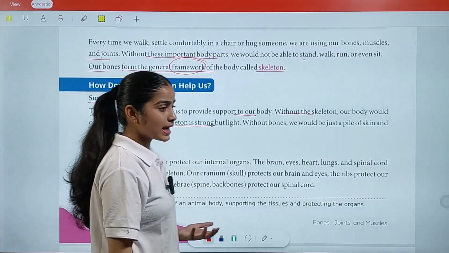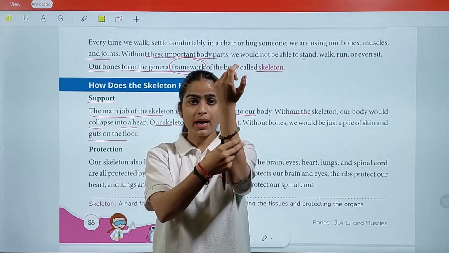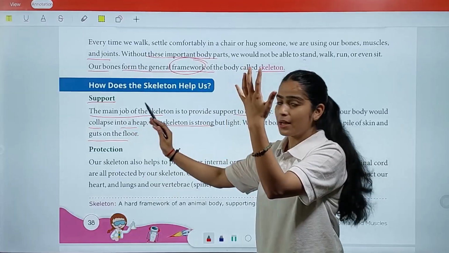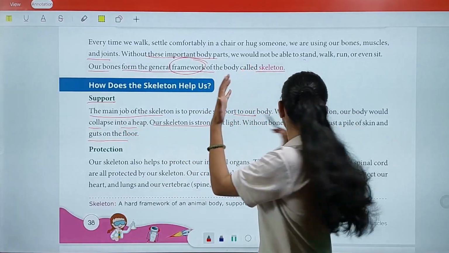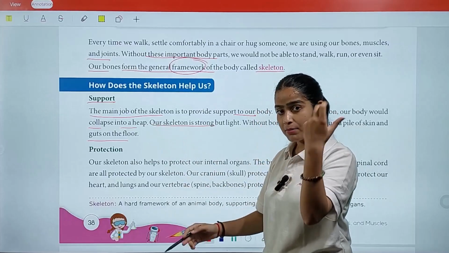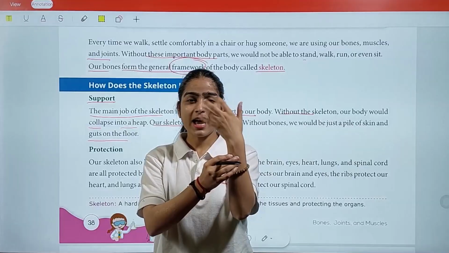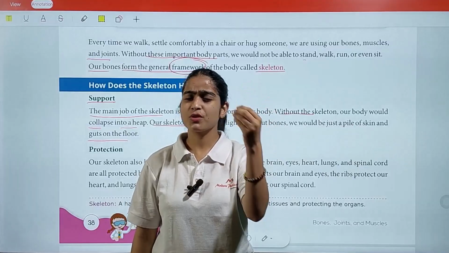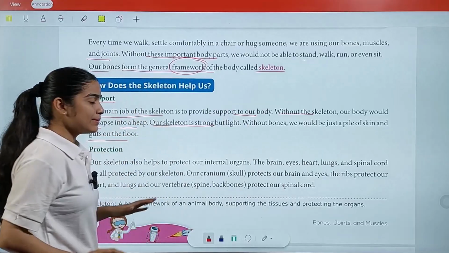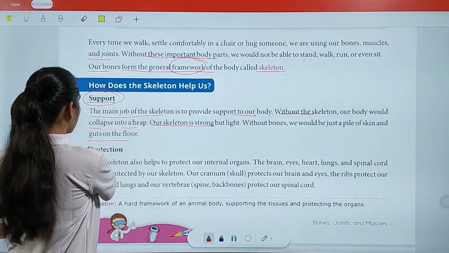If I don't have the hard bone inside my hand, my hand would look like just a heap, a body which collapses. It would be just skin without a proper posture, without a proper structure, right? So the skeleton gives structure and support to our body.